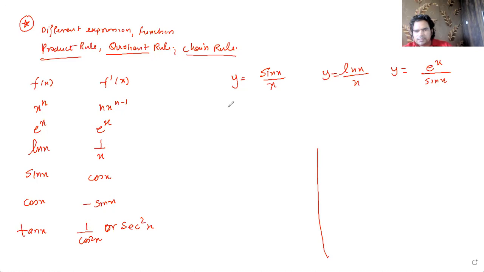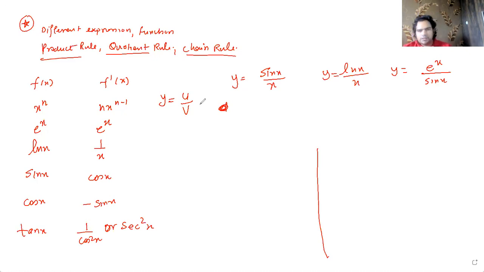The proof is not expected. In case your function is y equals u over v, remember that you always take the numerator as u and the denominator as v.